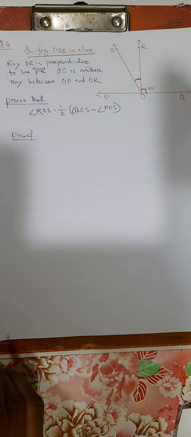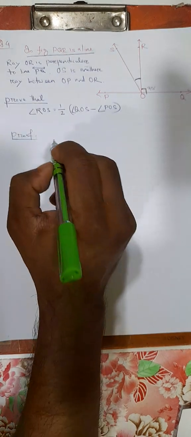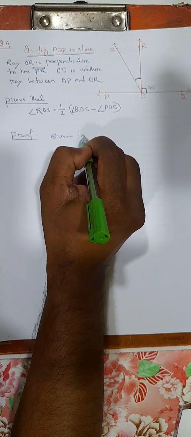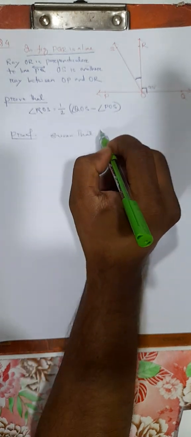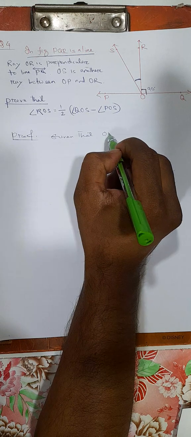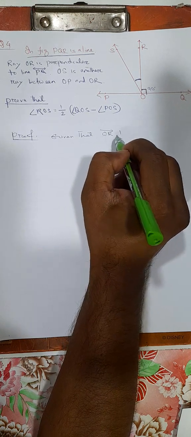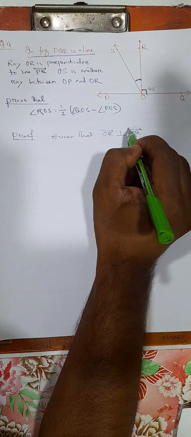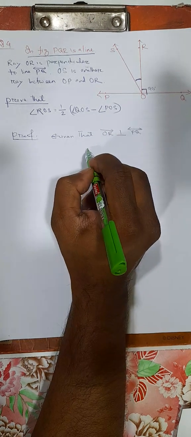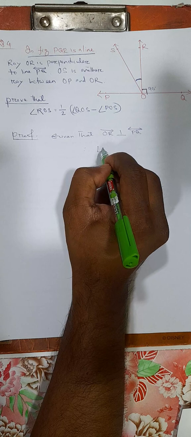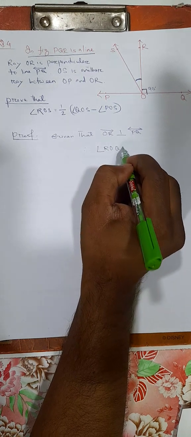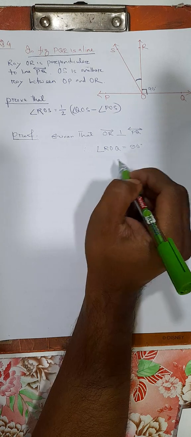You see again, it is given that OR, this ray, is perpendicular to PQ, this line. Right? Therefore, angle ROQ, this is 90 degrees.